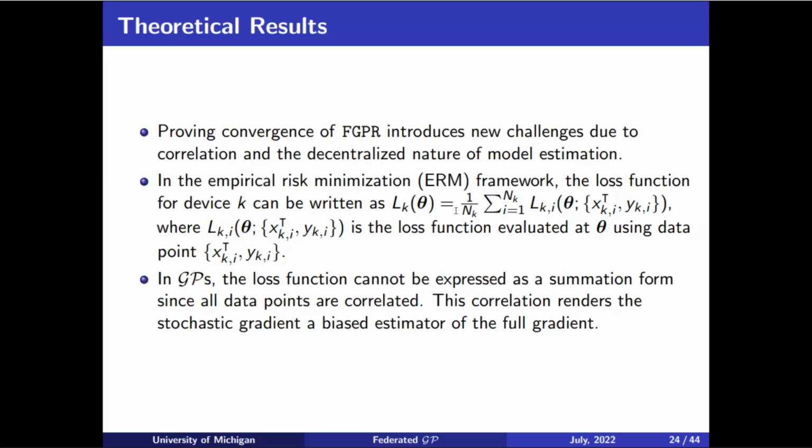As a result, this correlation renders the stochastic gradient a biased estimator of the full gradient. This imposes a huge challenge on proving the convergence results of the Gaussian process. In fact, to the best of our knowledge, no similar work exists on this line, and our work is the first paper that proves convergence of the federated Gaussian process when the correlation exists.